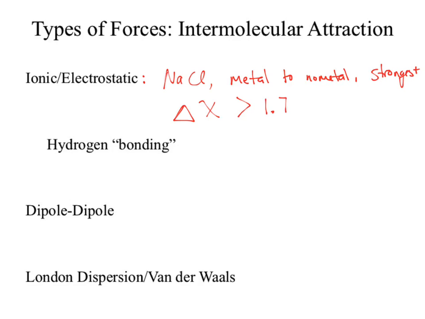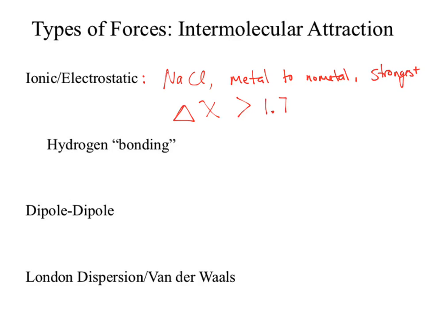So if we bond a metal to a nonmetal, we typically see electronegativity differences greater than 1.7. Why? Where's your most electronegative element? Right, the upper right-hand corner, which happens to be? Keep going. Fluorine is a nonmetal.